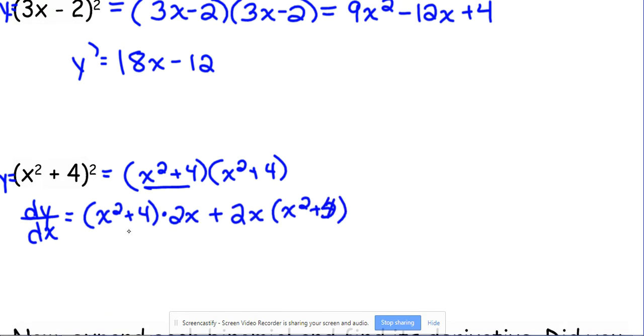Now, look at what we've got here. We have two of the exact same expression. So really, they have x squared plus 4 in common, and we got 2x plus 2x, so we've got 4x of these.